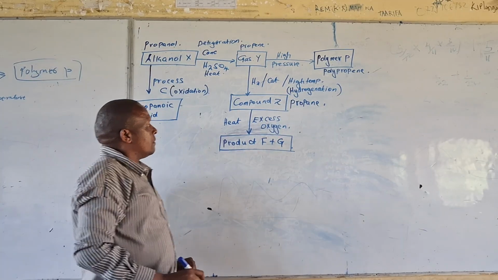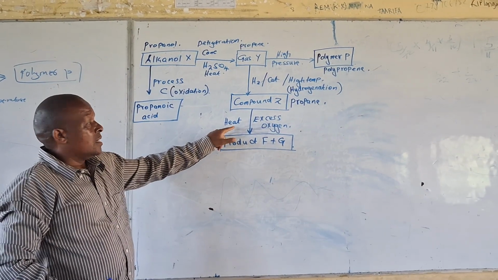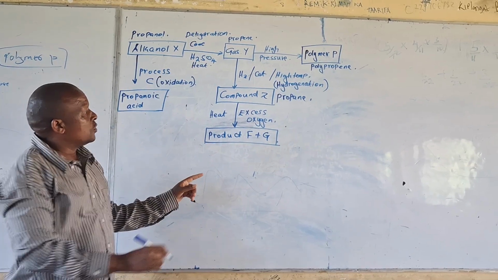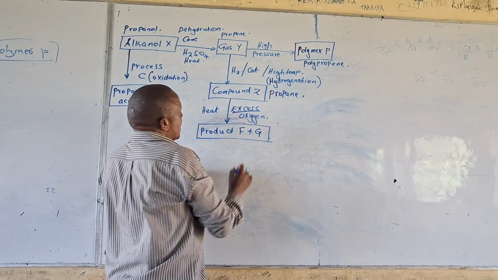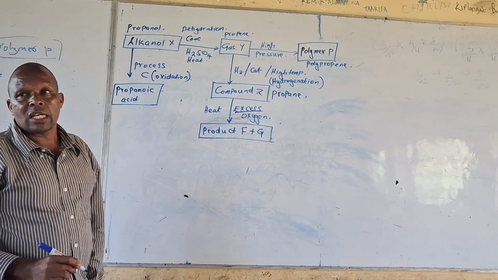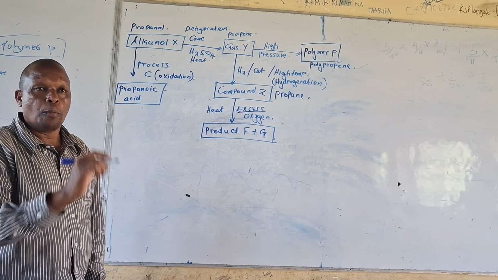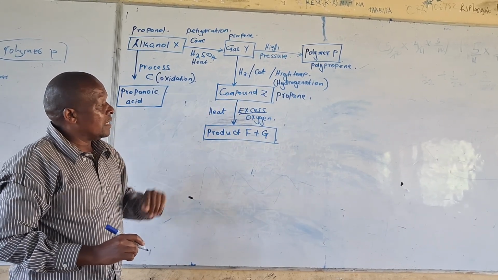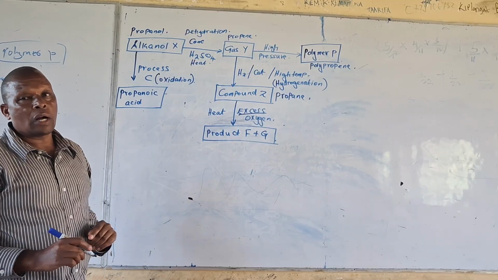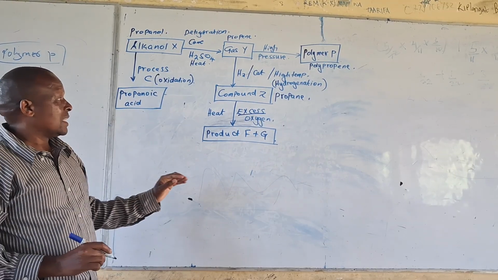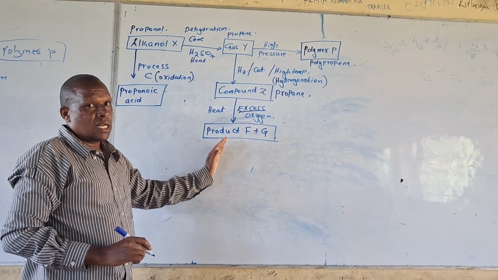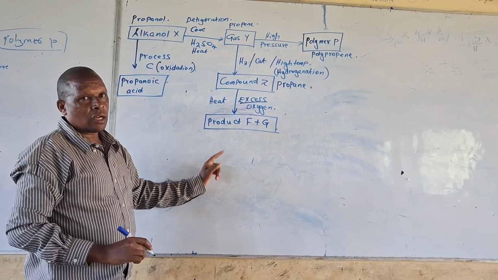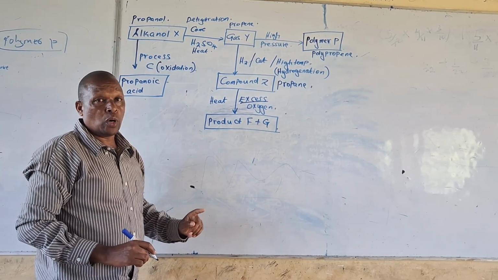We have propane. You are heating in the presence of what? Excess oxygen. When you see excess oxygen, it means the combustion is complete combustion, whereby the whole of this propane is converted to two products, that is carbon dioxide and water.